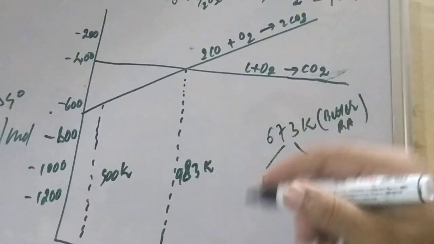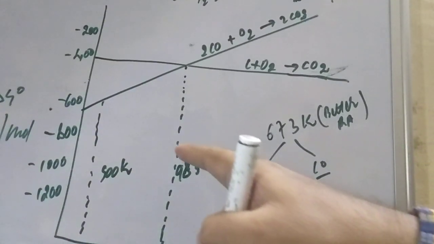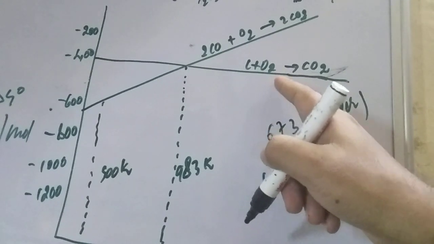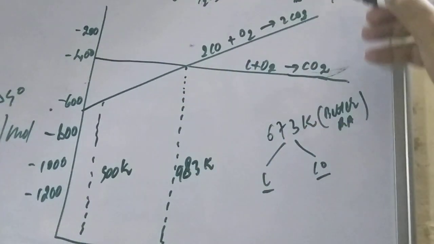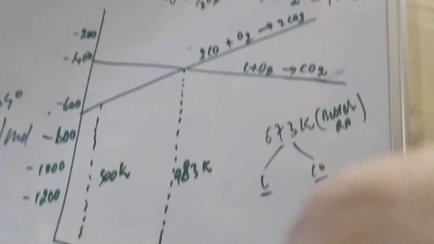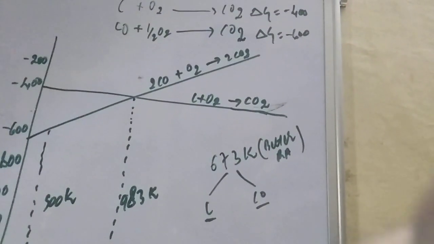Now you check out, student. And here for C plus O2 giving CO2, it is minus 400 kilojoule per mole.